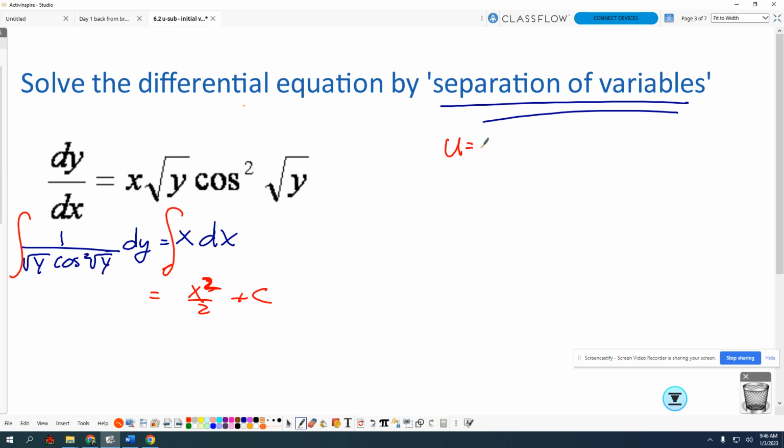Just make it root y, or cosine squared of root y? Just root y? Okay, multiply by the power, lower the power.